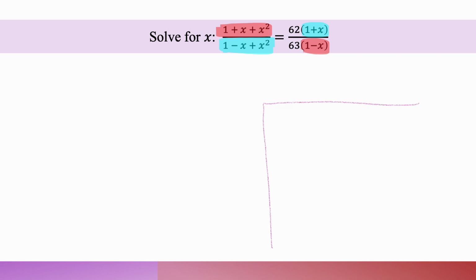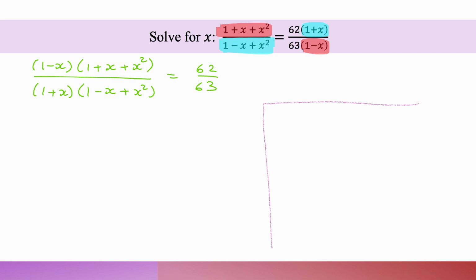So first we cross multiply these two brackets, we get (1 minus x) into (1 plus x square) upon (1 plus x) into (1 minus x plus x square) is equal to 62 upon 63.